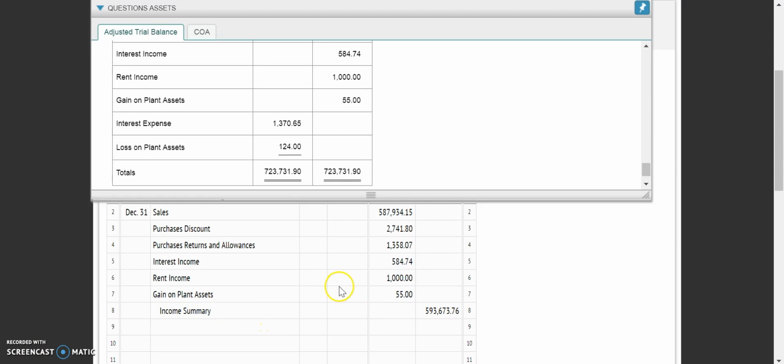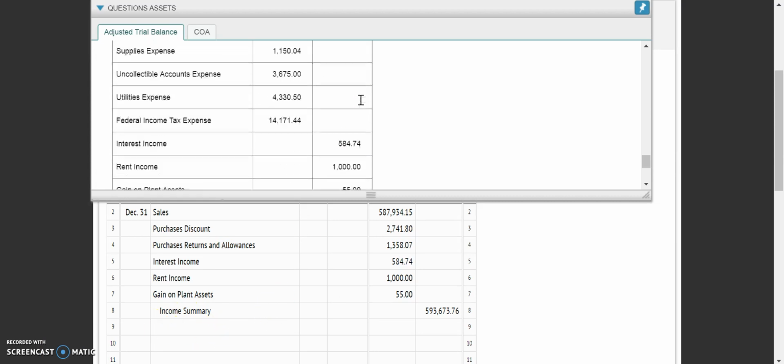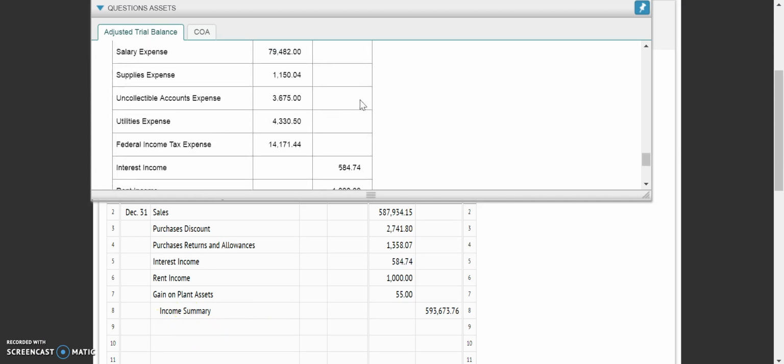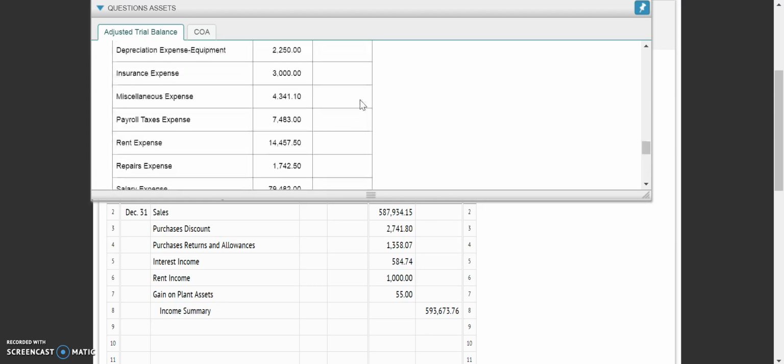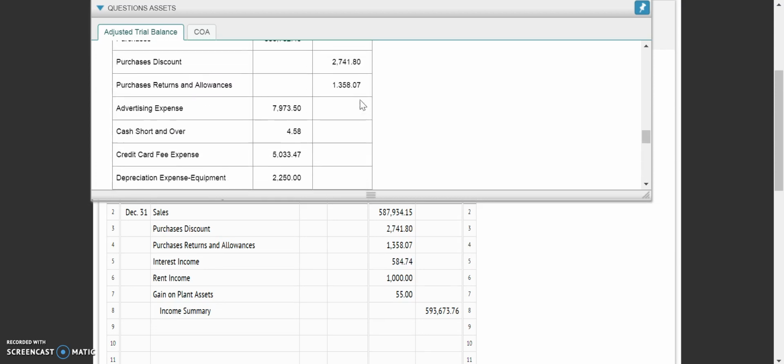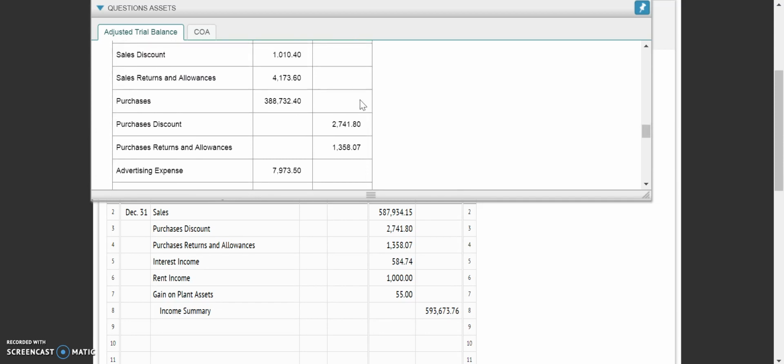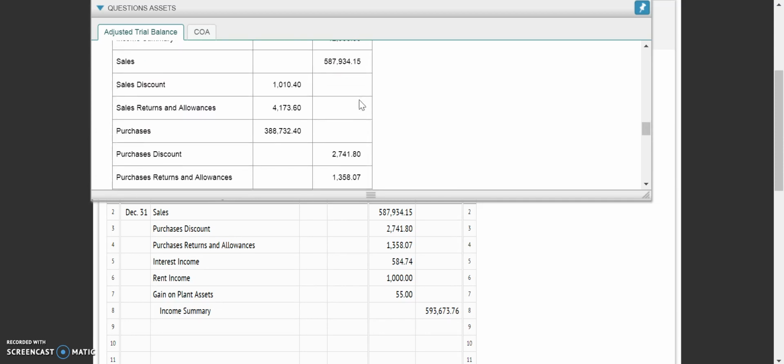Okay, our second closing entry is going to be all of our income statement accounts that have debit balances. So if we have these accounts that already have debit balances, to close them, we're going to need to credit them. So what we do here is we're going to put December 31st. And then remember that since all of these are going to be credited, what's going to end up being debited is our income summary.